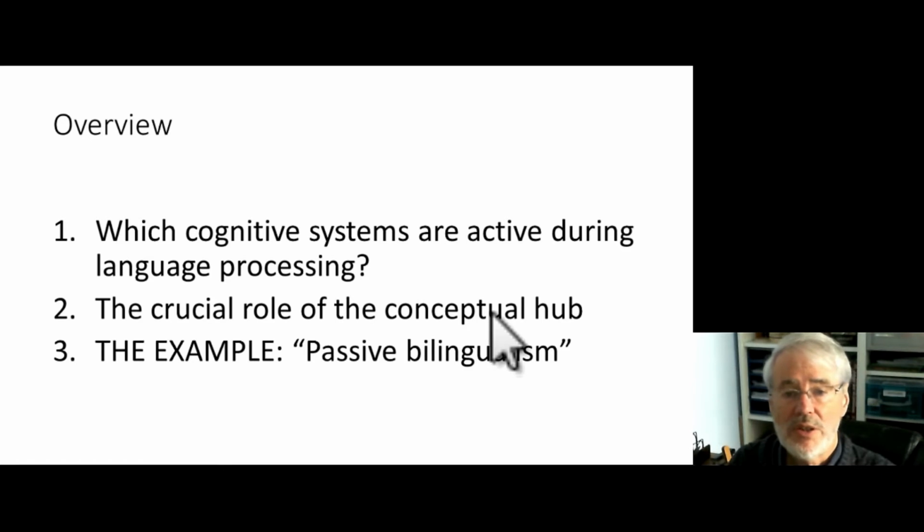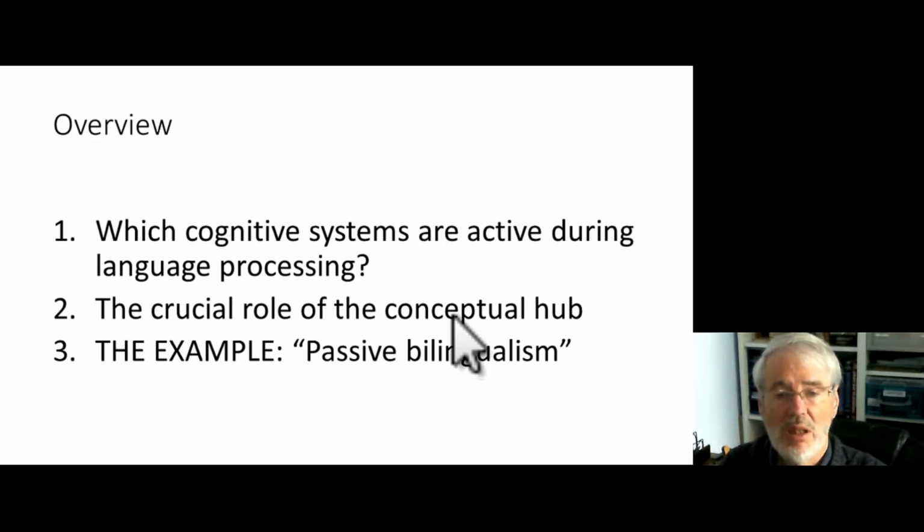And the second example is focusing on the meaning system, the conceptual system, which plays a part which we describe as a hub. It's a hub through which many particular connections between different knowledge systems pass. So it's a kind of crossroads.